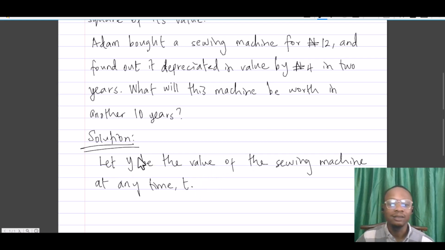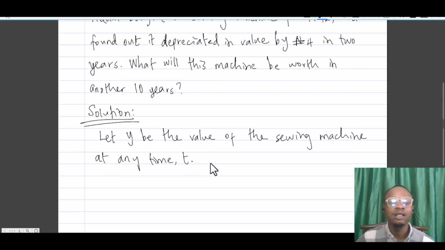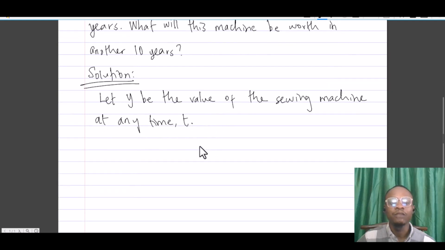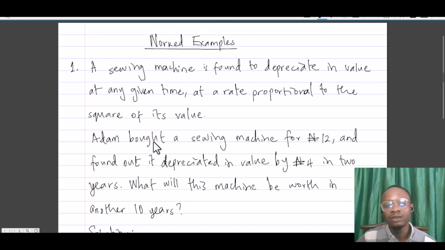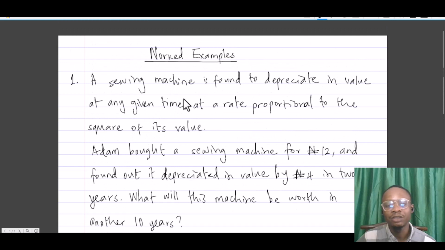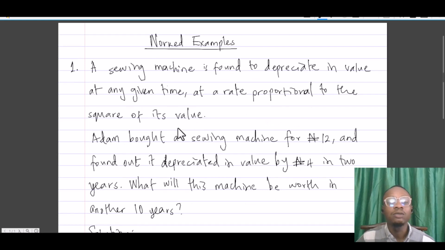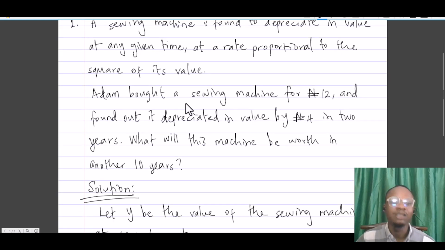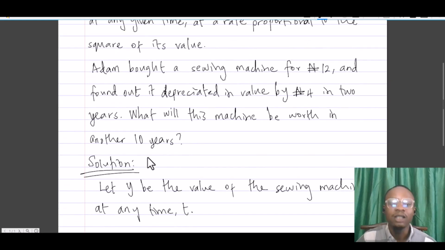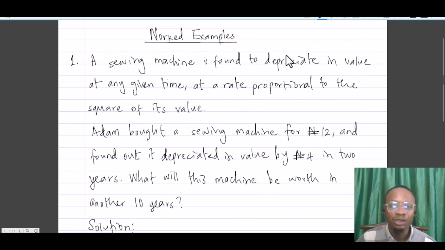So y is in this case the dependent variable and t is the independent variable. We're told that it depreciates in value at a rate proportional to the square of its value. Depreciation simply means a drop in value, so that's a decrease in value.